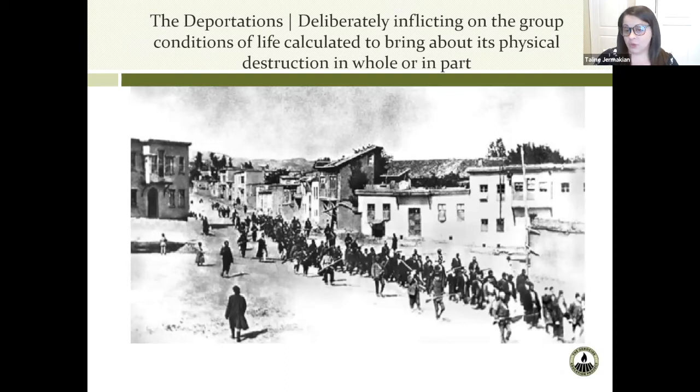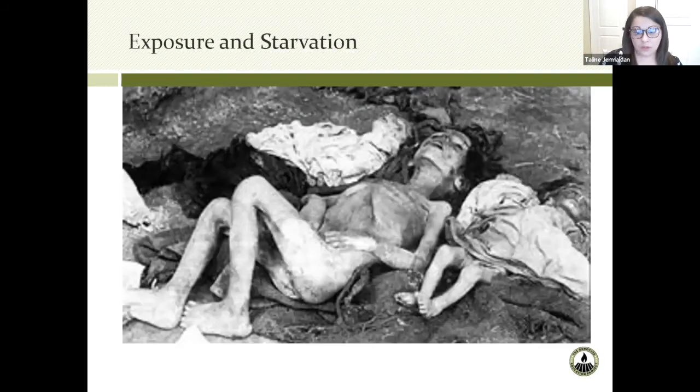This is a photo showing the deportations, the forced removal of people from their homes. This is a really graphic and intense photo. The consequences of these actions: starvation along the way during the deportations, leaving these villages without food or protection.